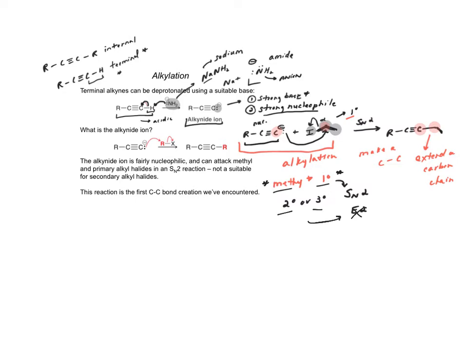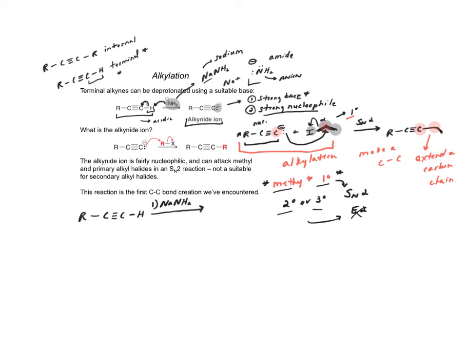Synthetically, the way we would write this reaction, with reagents on the arrow, is to have my starting material here. Then I would write number 1 as the first step: we take our terminal alkyne and react it with sodium amide.